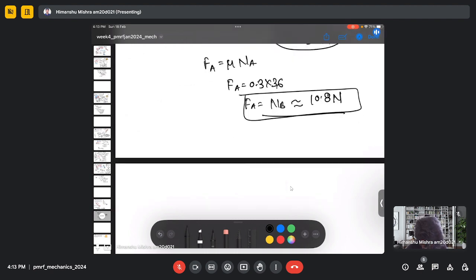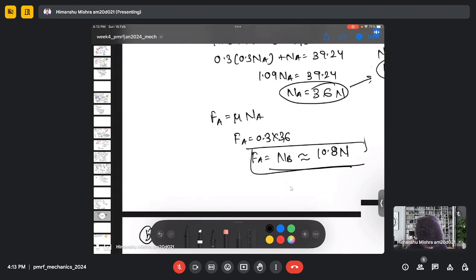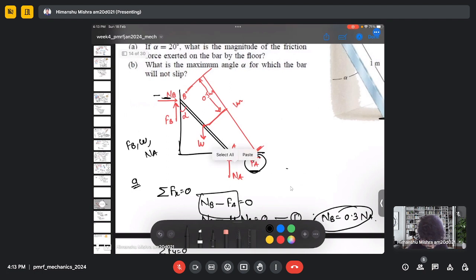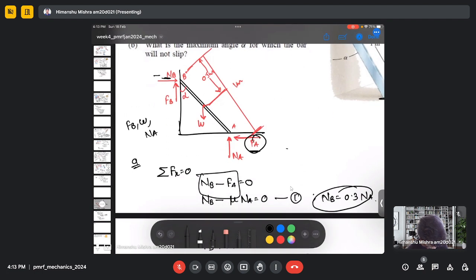So if we do the moment balance analysis, if we take a moment at B, then the moment will be created by W, NA, as well as this force FA.